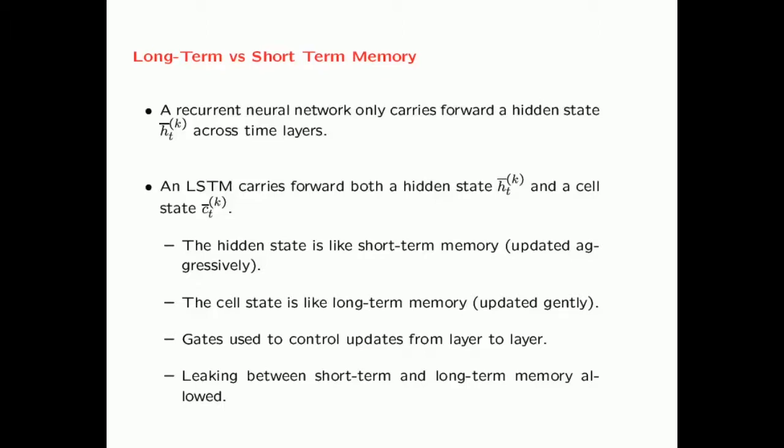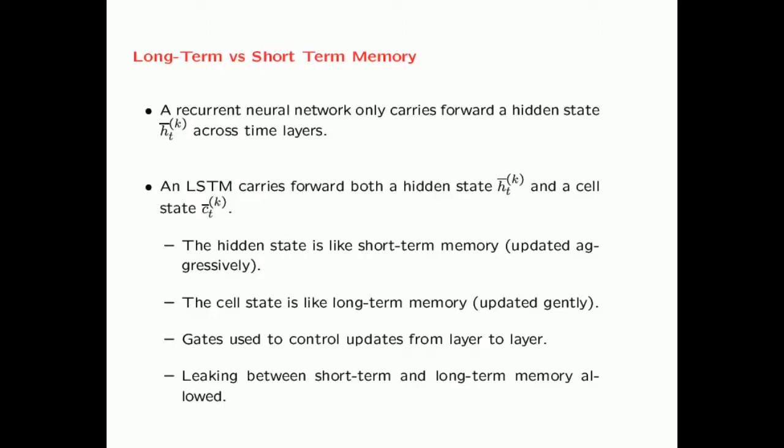The LSTM carries forward both a hidden state and a cell state. The hidden state is denoted by h_t^k, where the subscript corresponds to the time layer and the superscript corresponds to the multilayer index, the layer between the input and the output. Typically this value of k will be a small number, between let's say 1 and 3, because you don't tend to use too many layers in one direction.